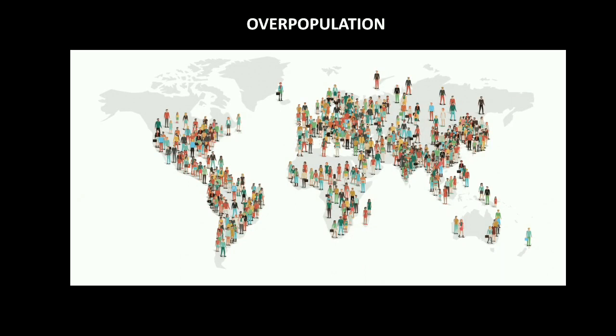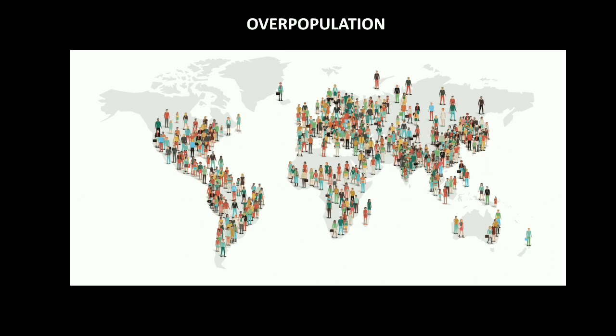When we talk about overpopulation, one example is given. In the UK there is a population of 58 million people, but the resources in terms of food and other basic necessities are more in those kinds of countries, which is very much sufficient for the population living there.